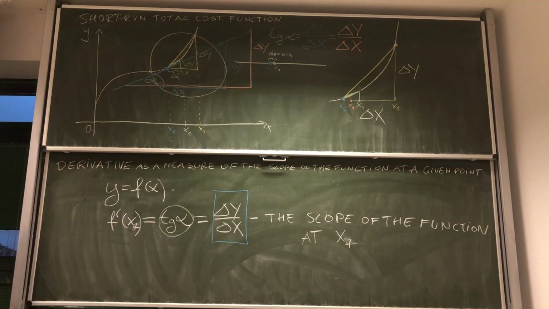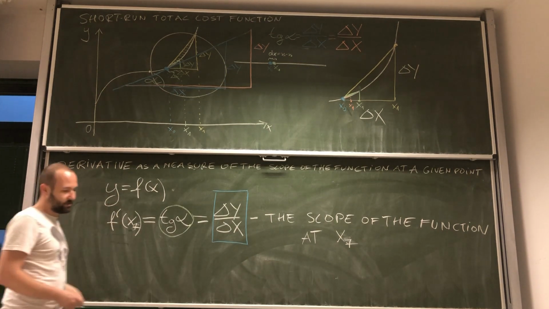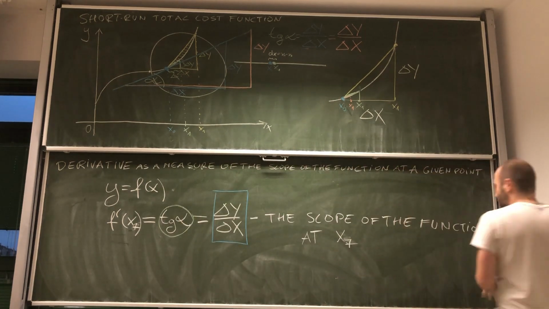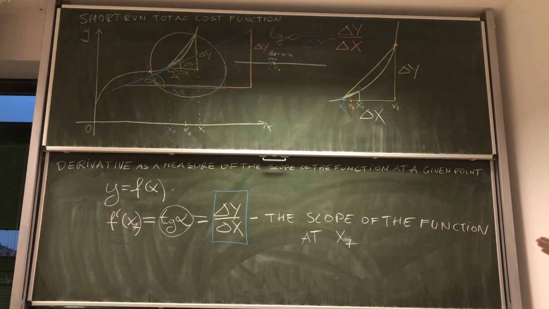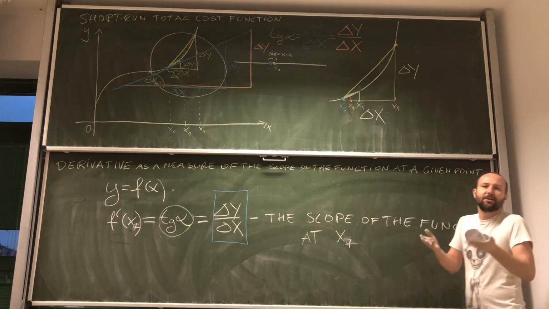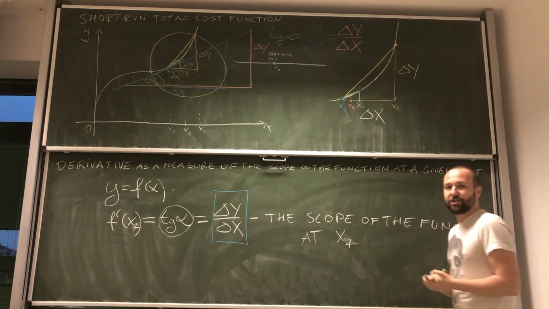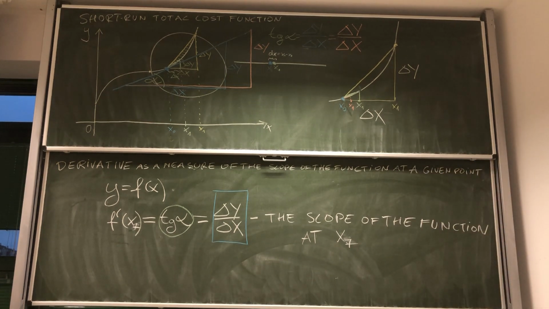But before we get to calculating derivatives, we need to learn a couple of rules on how to calculate them easily. And for that, we need to review another topic.